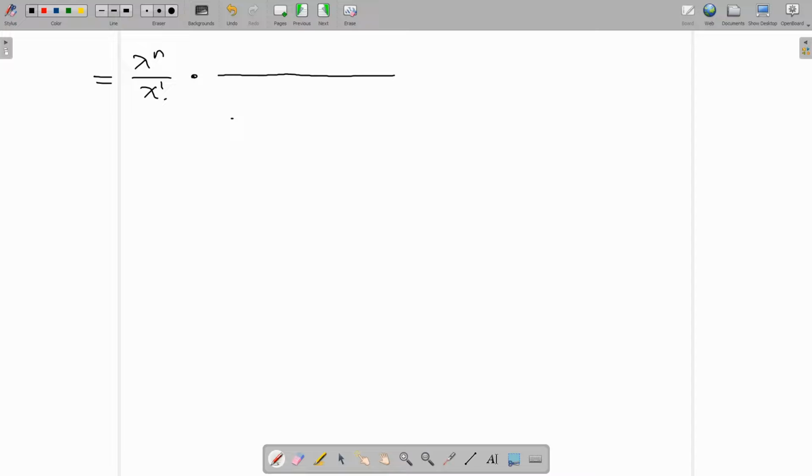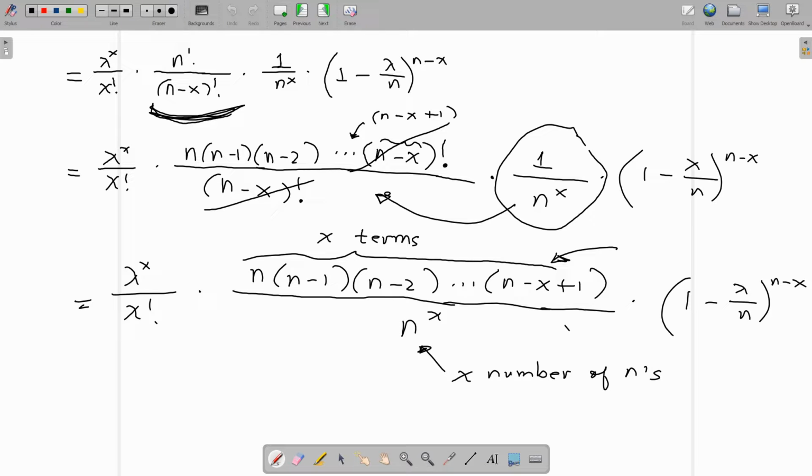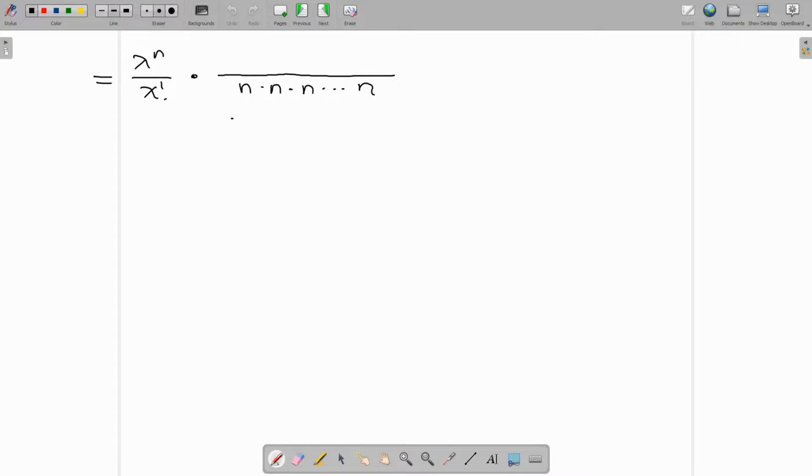So we have here n times n times n. How many n's? We have x number of n's. Okay, so let us go back to the previous page. So we have on the numerator n times n minus 1 times n minus 2 times up to n minus x plus 1.